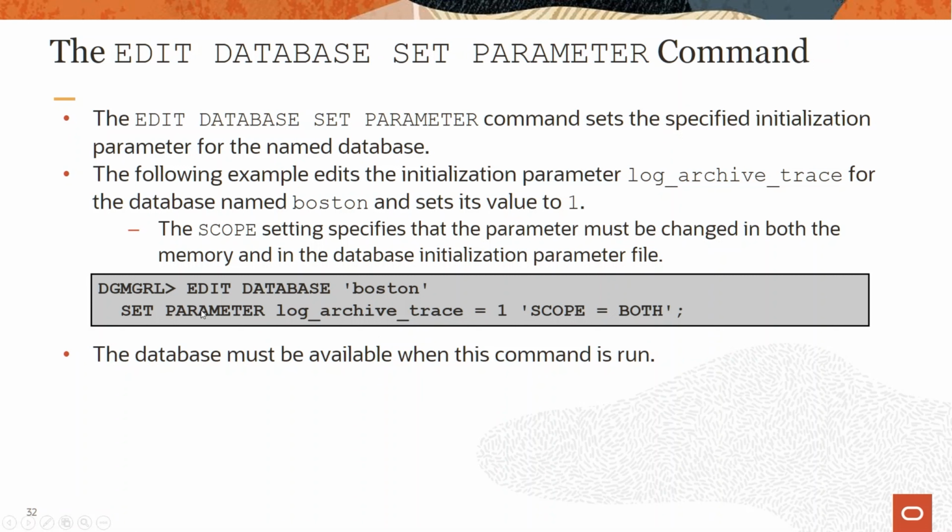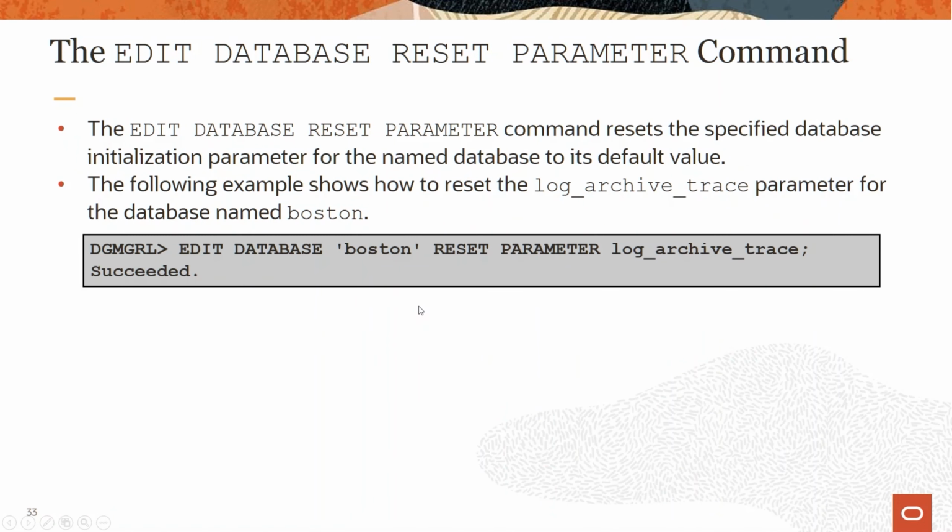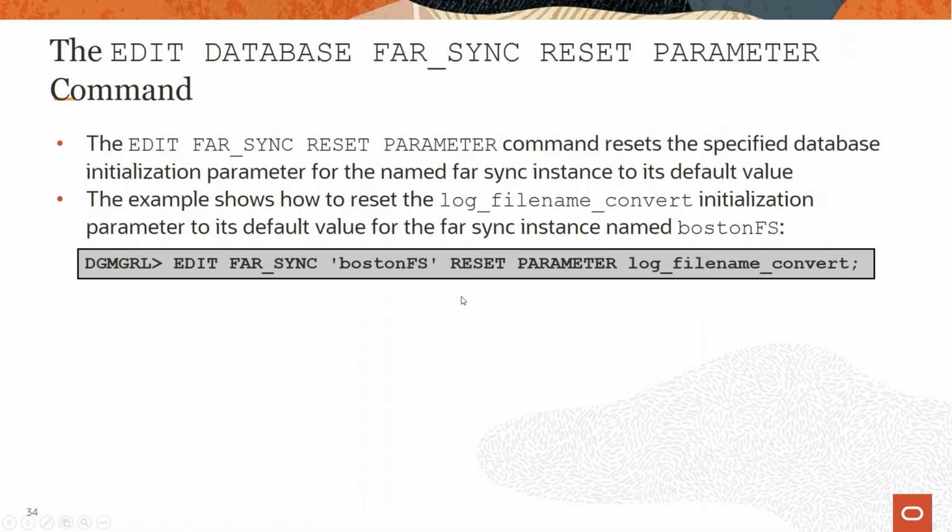So you can specify how much data must be captured. That's controlled by setting log archive trace. Since it is an init parameter, you can do it through SQL Plus, but you can also do the same task through the Data Guard Broker command line interface. And same here, for Boston, if you want to reset log archive dest back to the default value, then you're going to use the reset keyword.